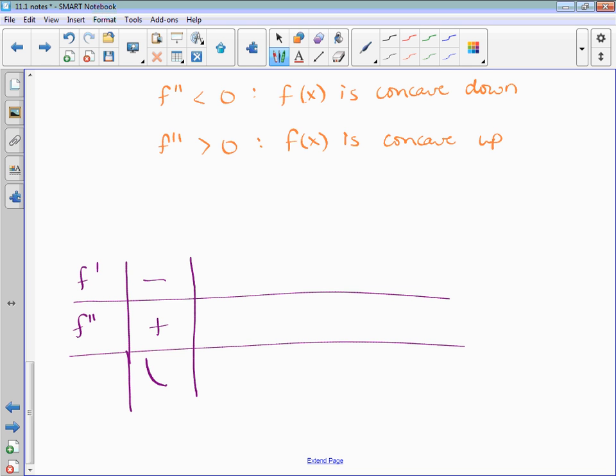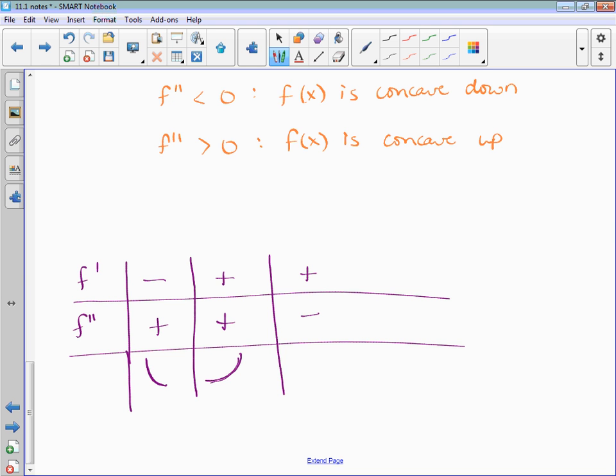What if your first derivative is positive and your second derivative is positive? So that would look like that. You with me? All right, first derivative positive again, second derivative negative.